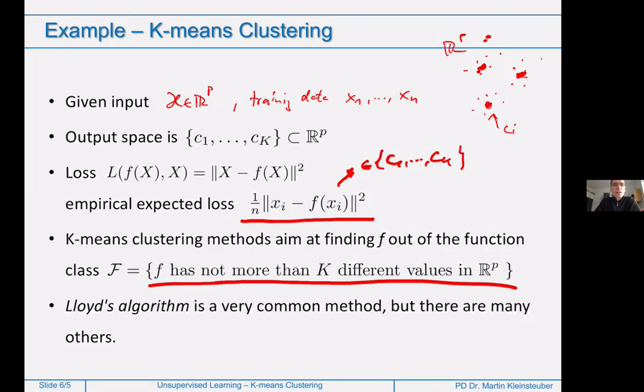This is f. So f has certain output values, C1 to CK, that have to be found, and it needs to assign to each new point x the corresponding cluster.